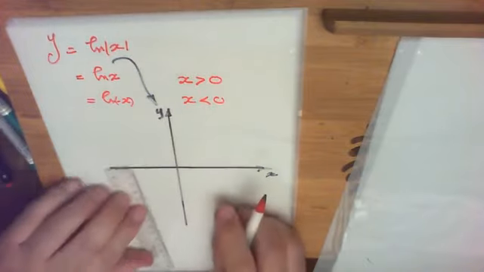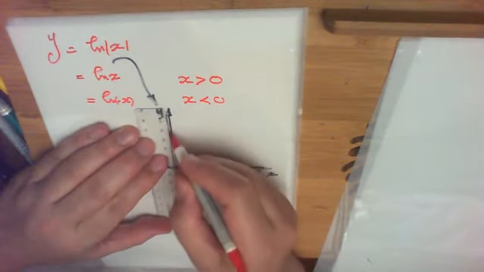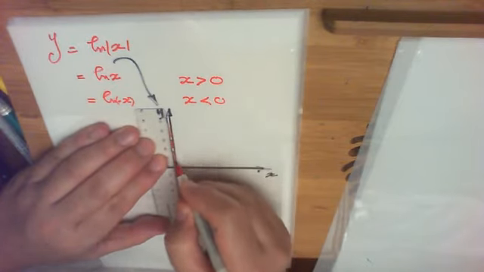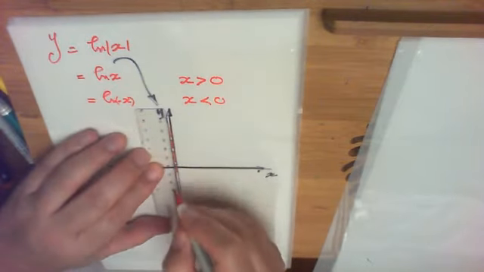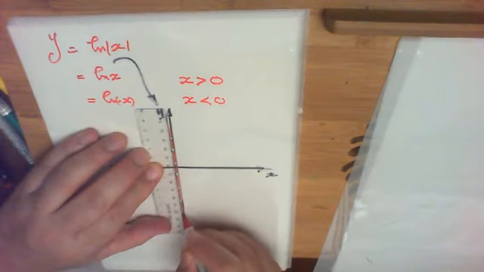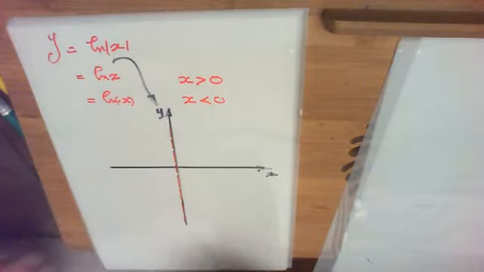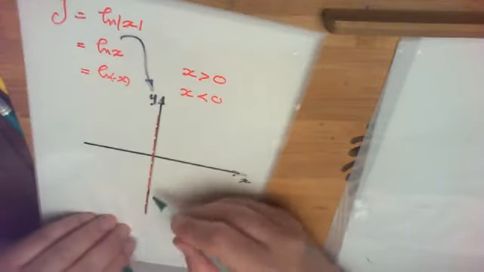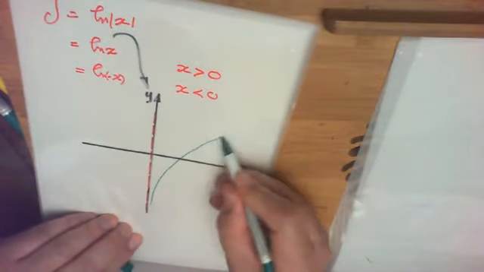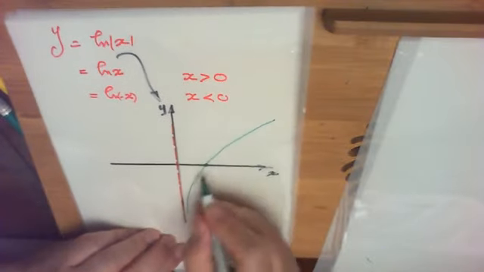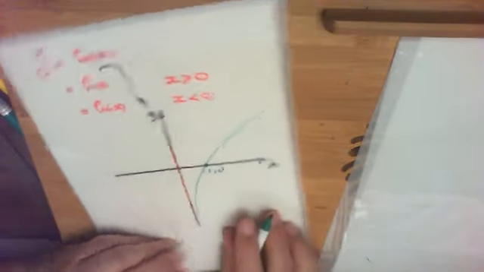We have the y-axis as a vertical asymptote. Okay. And for x greater than 0, we have such a curve. This is 1, 0.